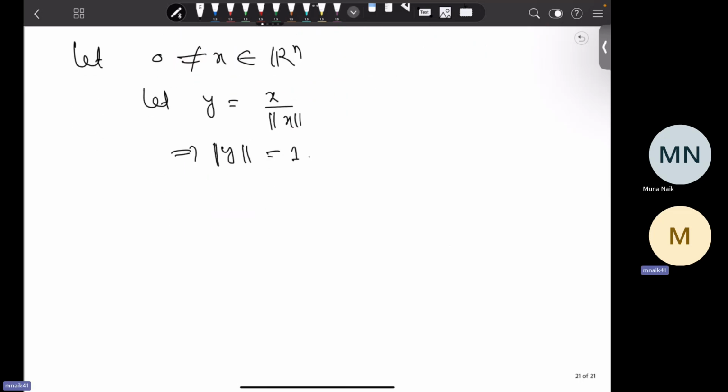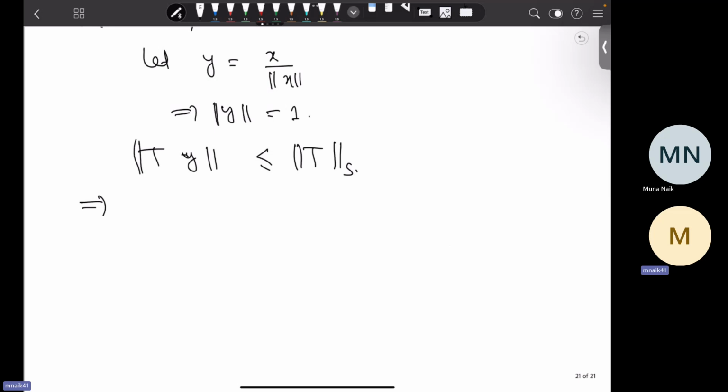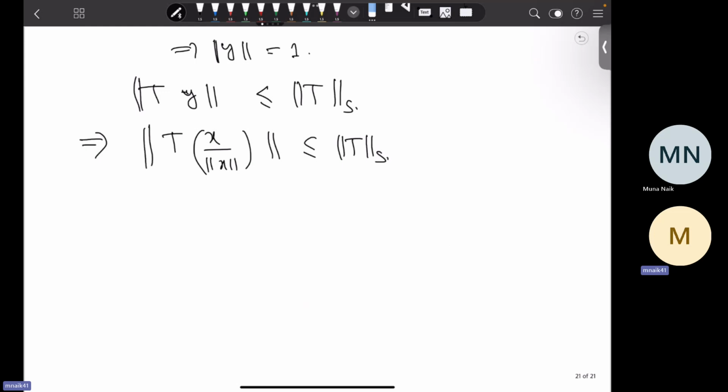So this will imply that the norm of T of y is less than or equal to the norm of Ts. If I put x by norm x in place of y, this gives that the norm of Tx by norm x is less than or equal to norm of Ts. I use the fact that T is linear.